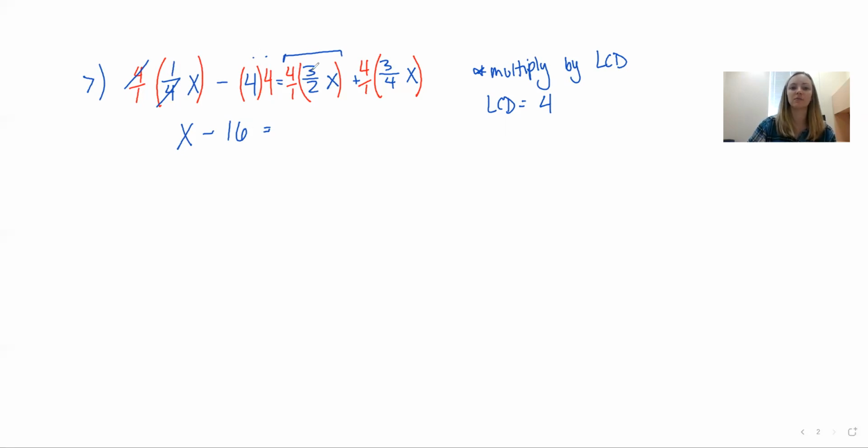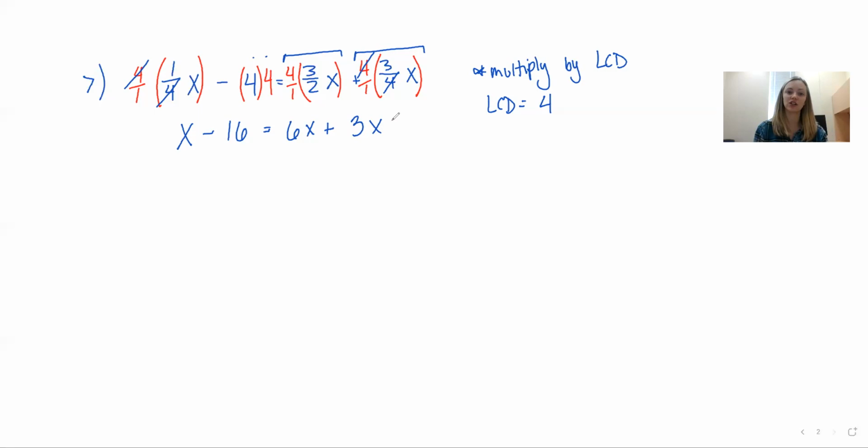So we have 4 times 3, which is 12, over 1 times 2, which is 2. 12 over 2, or 12 divided by 2, is 6x, plus, on the very right term, we can also multiply and then divide, but one nice thing that I notice here is that those 4s cancel out. So we're left with 3 over 1, which is just a 3x.